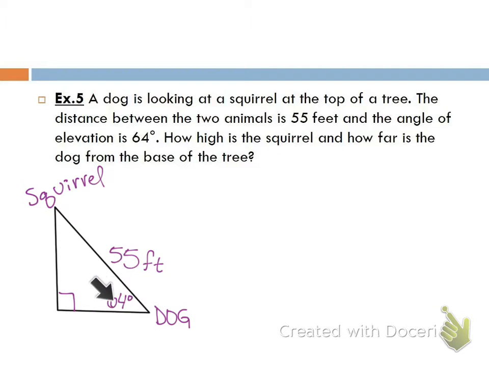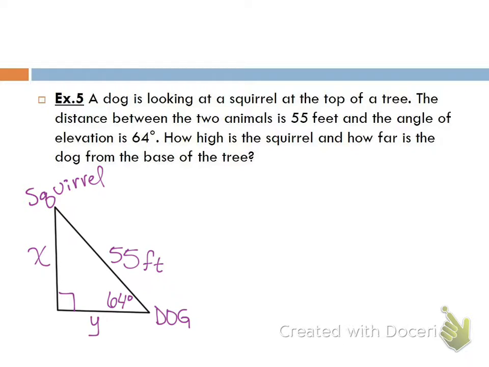So compared to the 64 degrees, how high the squirrel is which side of our triangle? It's not the hypotenuse. Opposite side. Okay, so we'll give that an X. How far is the dog from the base of the tree? That's another unknown. So we'll give that a different variable like Y.